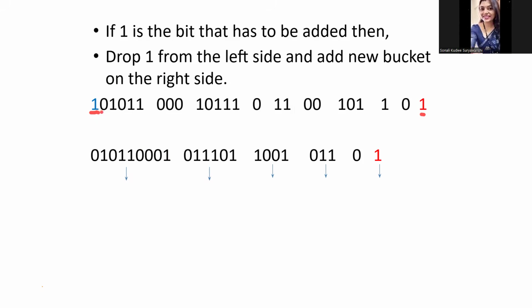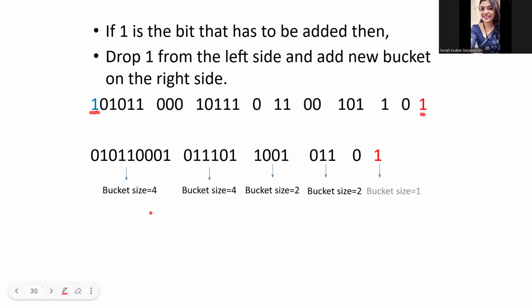That means we have slid the window to capture the new extra bit. Now, because the one is going outward, the buckets will not change much, because again, there are 13 ones only, and therefore the bucket sizes will remain the same.